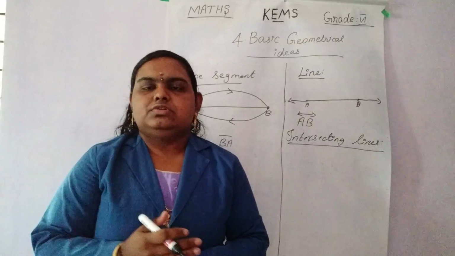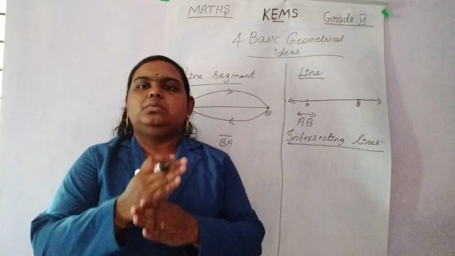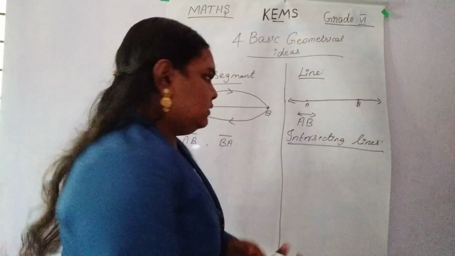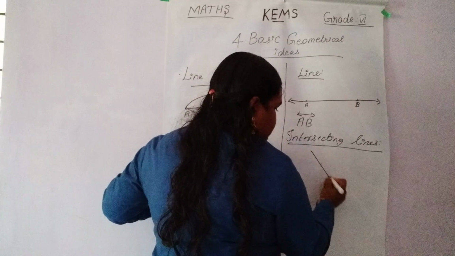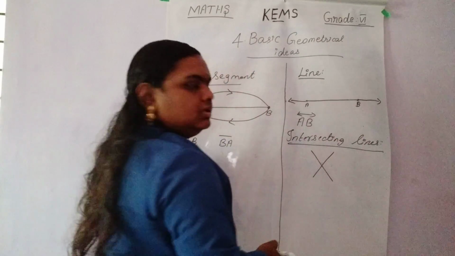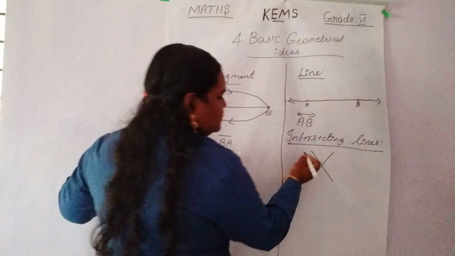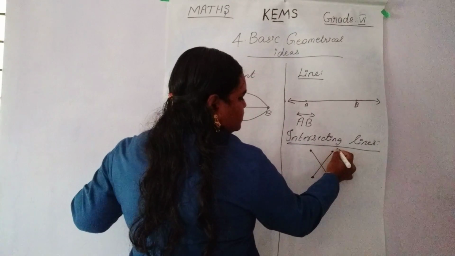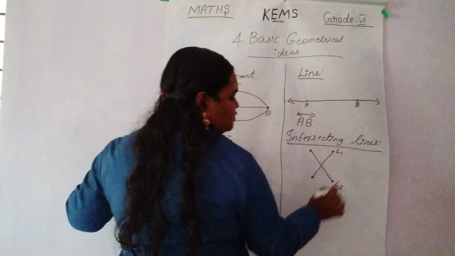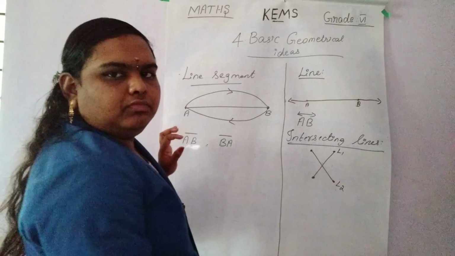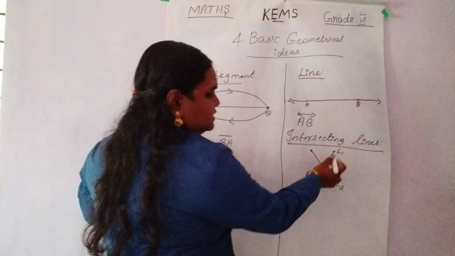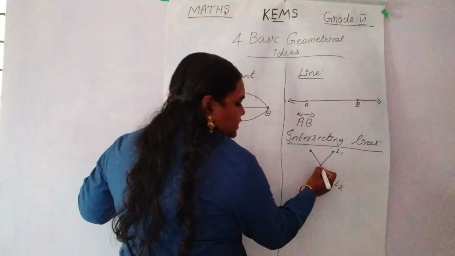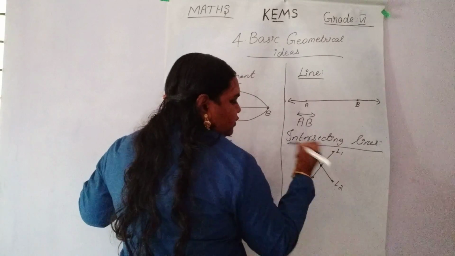If two lines are meeting at one point, like this. I'm just taking two lines. This is one line and this is two. So line 1 and line 2. This is the intersection point.